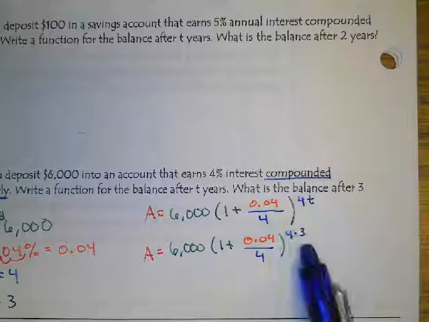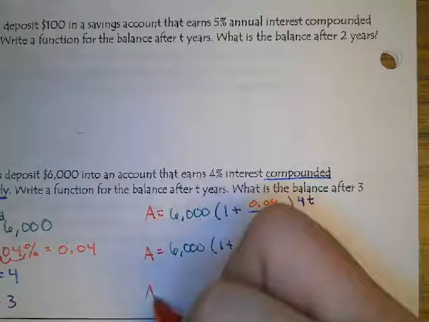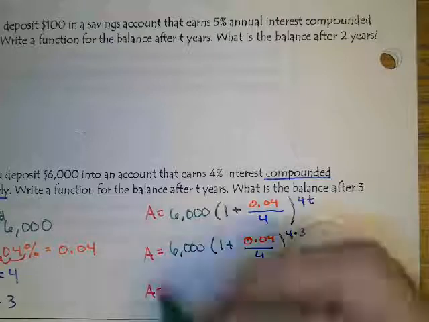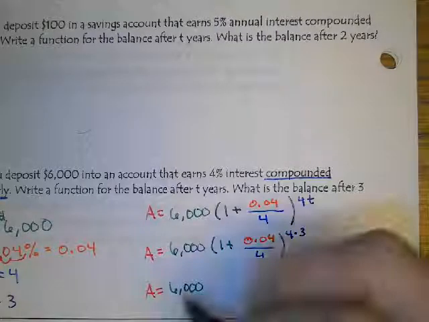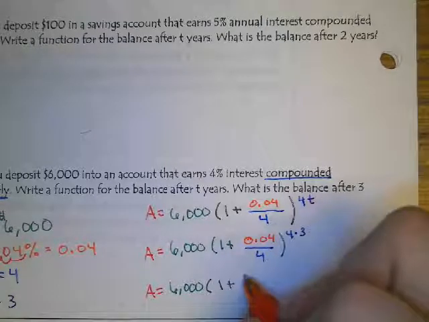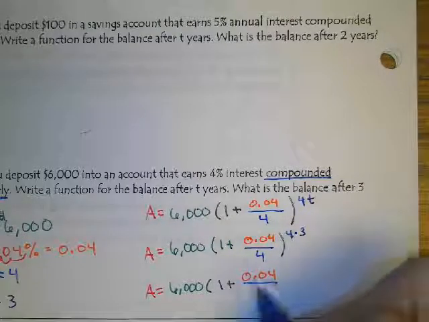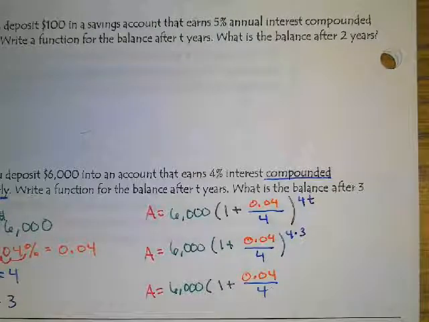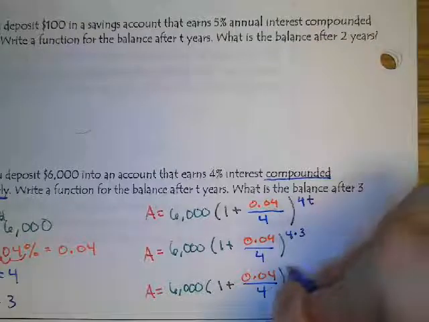So that would be probably the easiest one to simplify, turn that into a 12. So what you're typing in your calculator will look something like this. 6,000, parentheses, 1 plus, type this division just like we see it, 0.04 divided by 4, just insert that fraction right into those parentheses, and then we can multiply these together and turn that into our 12.